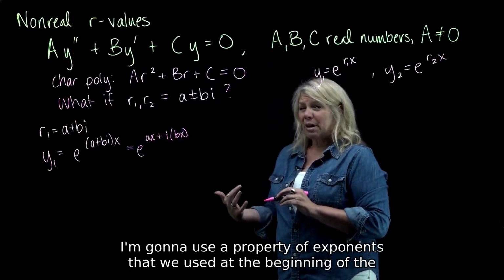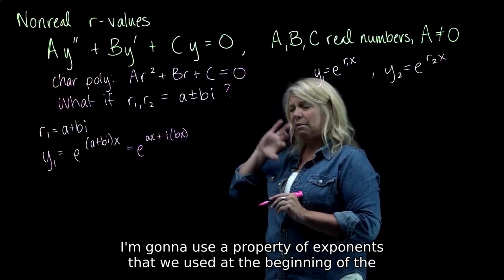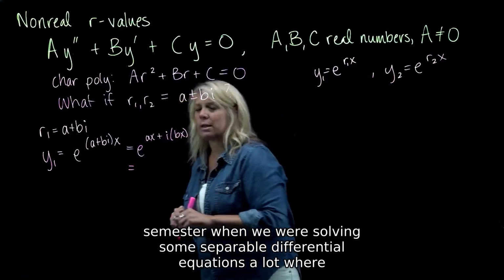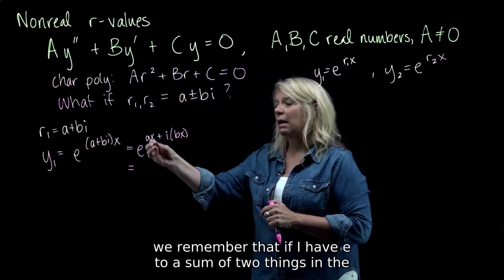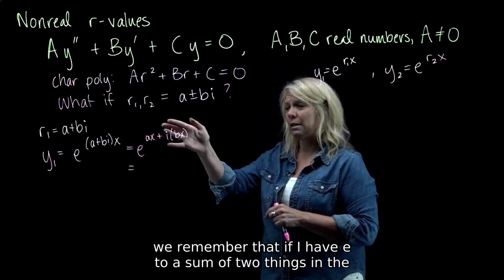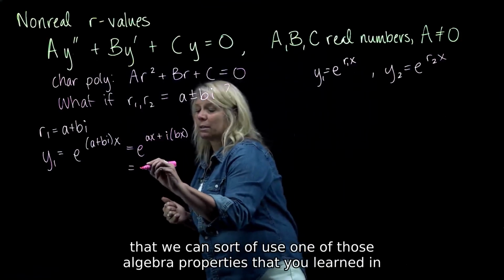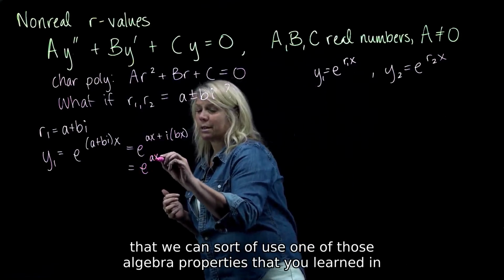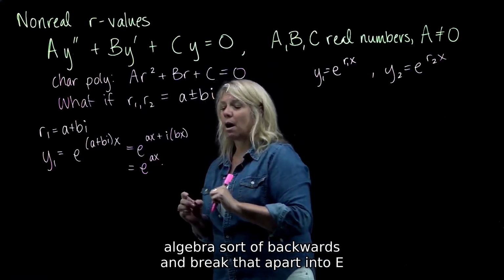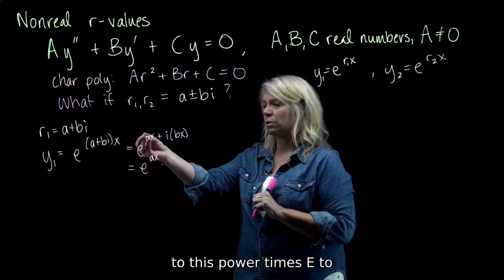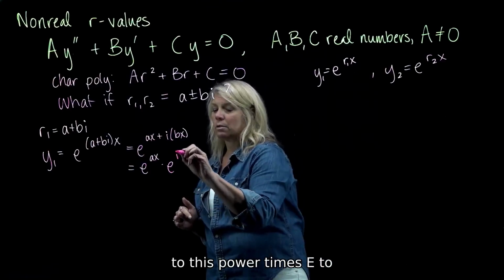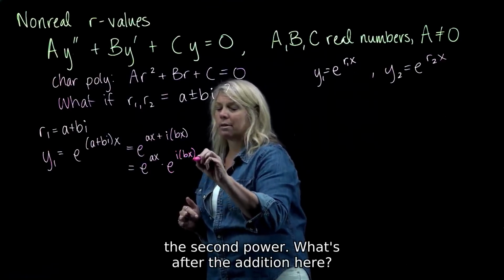I'm going to use a property of exponents that we used at the beginning of the semester when we were solving some separable differential equations a lot, where we remember that if I have e to a sum of two things in the exponent, we can use one of those algebra properties that you learned in algebra sort of backwards and break that apart into e to this power times e to the second power, what's after the addition here.